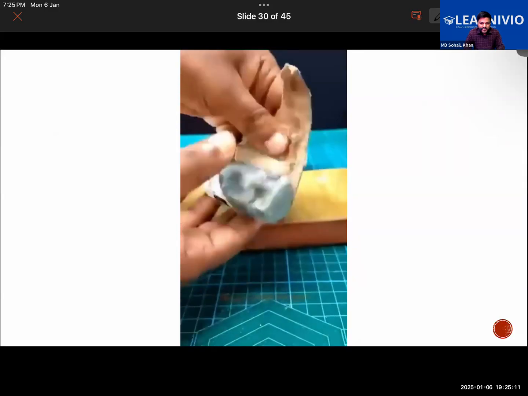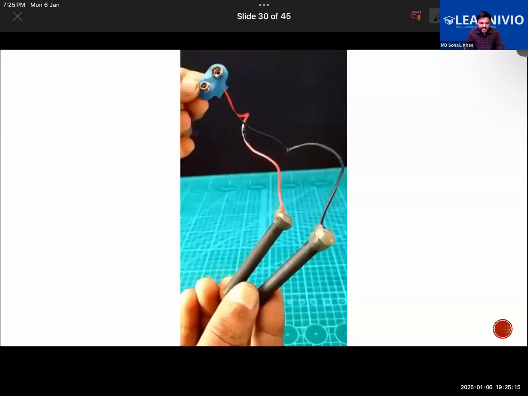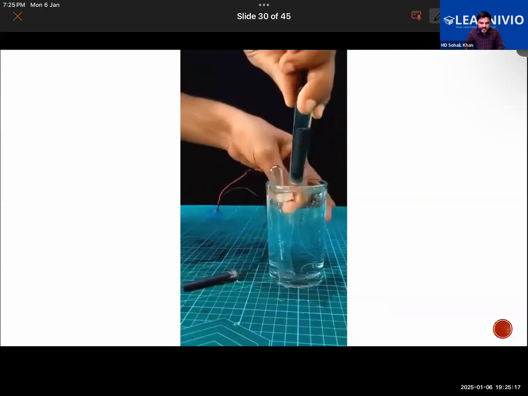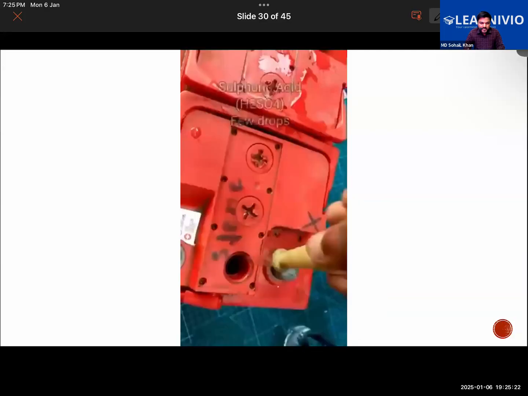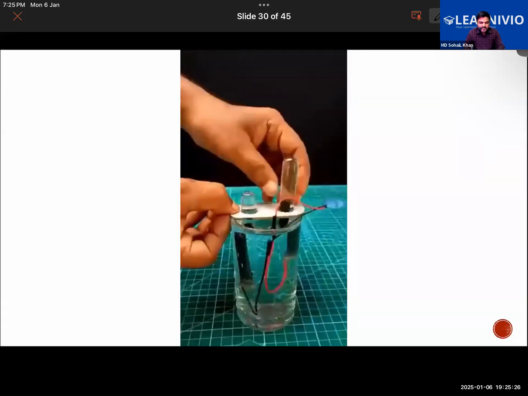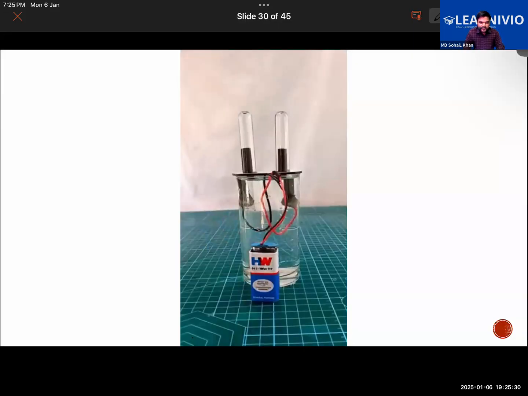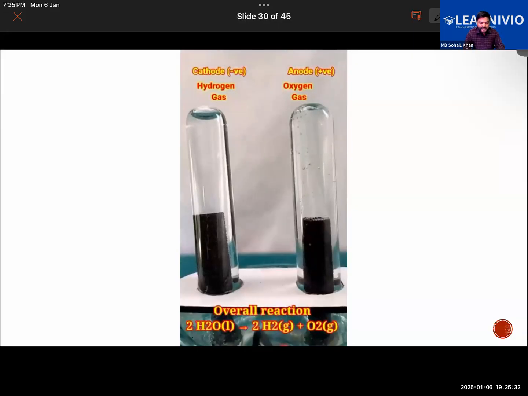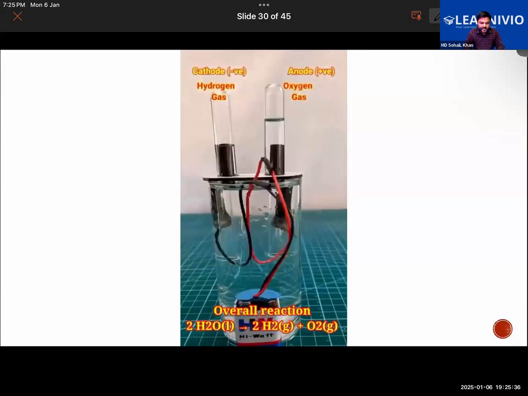A battery has been taken, and see how the electrodes were taken from the electrical cells and he is putting them into these test tubes. The battery usually contains sulfuric acid, so he puts a few drops of sulfuric acid in that water to make it an electrolyte. And notice bubbles are accumulating here. Getting it? The bubbles are forming here.